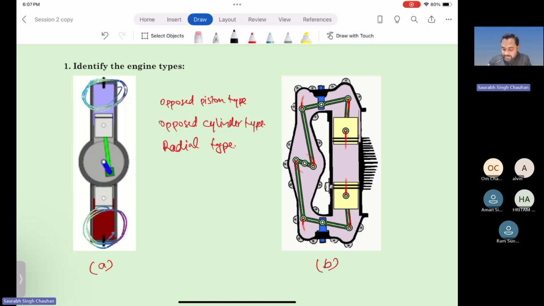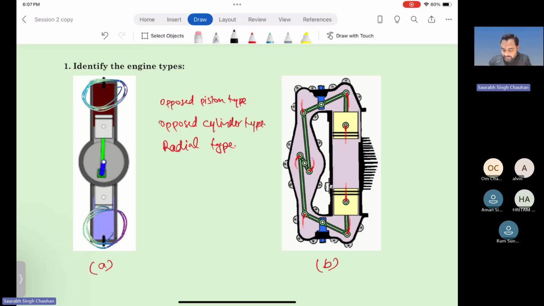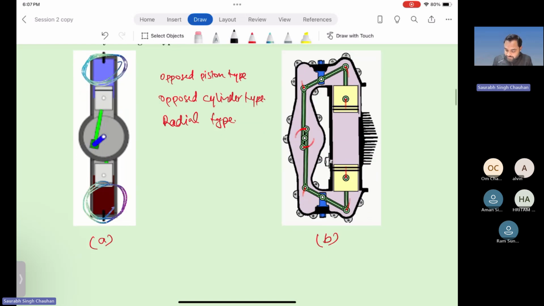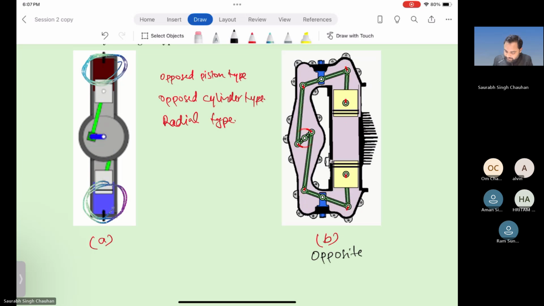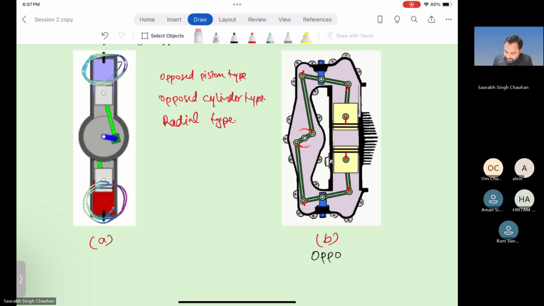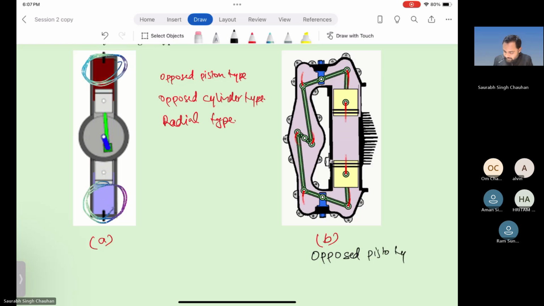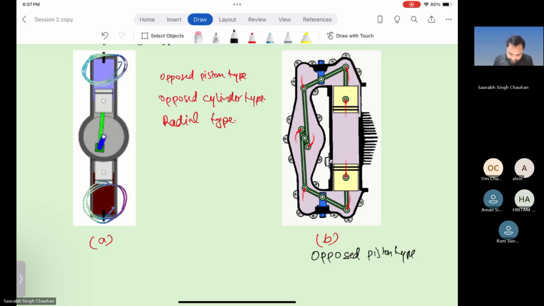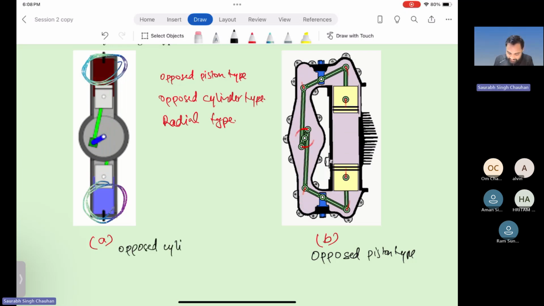So they are moving in two opposite directions, and there is the same cylinder. So part B is opposed piston type, and part A is opposed cylinder type.